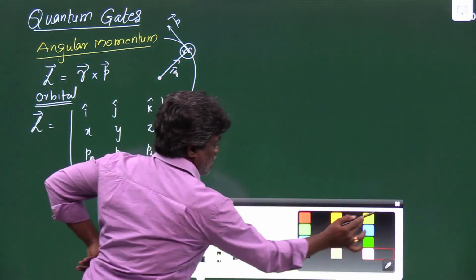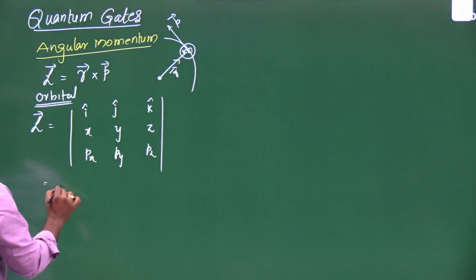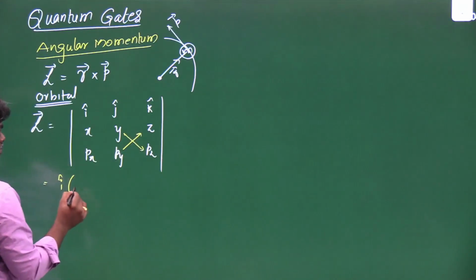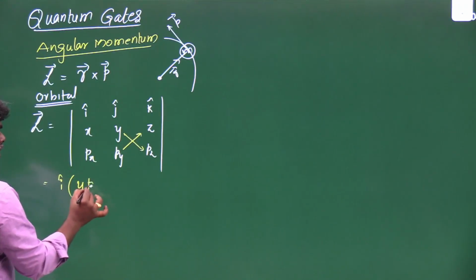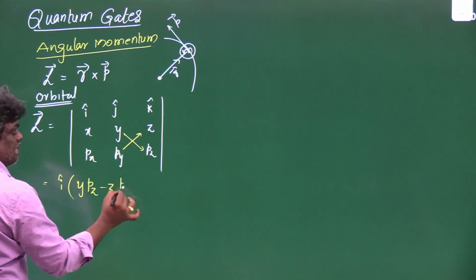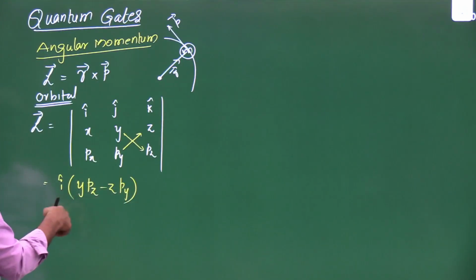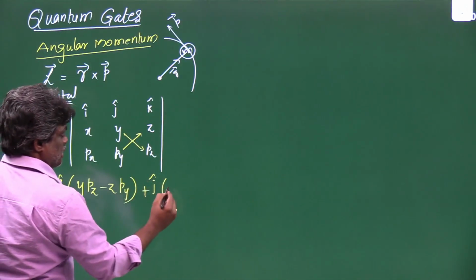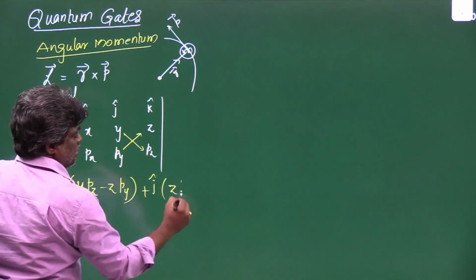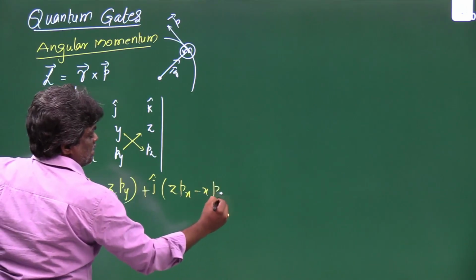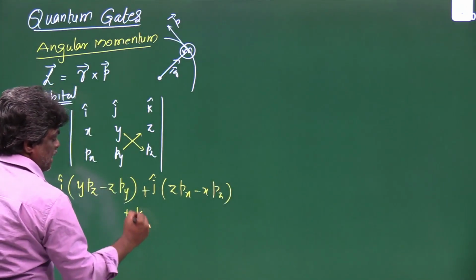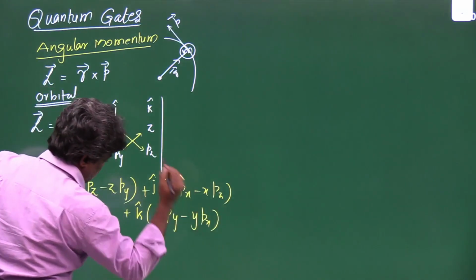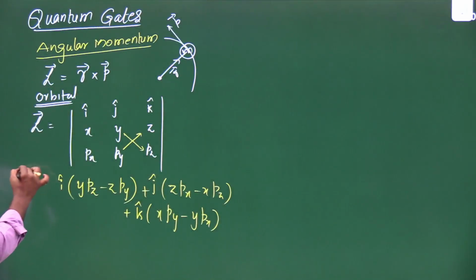Now take the cross product, I mean the determinant. i cap into this, into this: y pz minus z py. Is this okay, sir? You know? Right. Minus j, I am writing plus, so that's why this is z px minus x pz, and plus k cap, this is x py minus y px. So this is L bar.